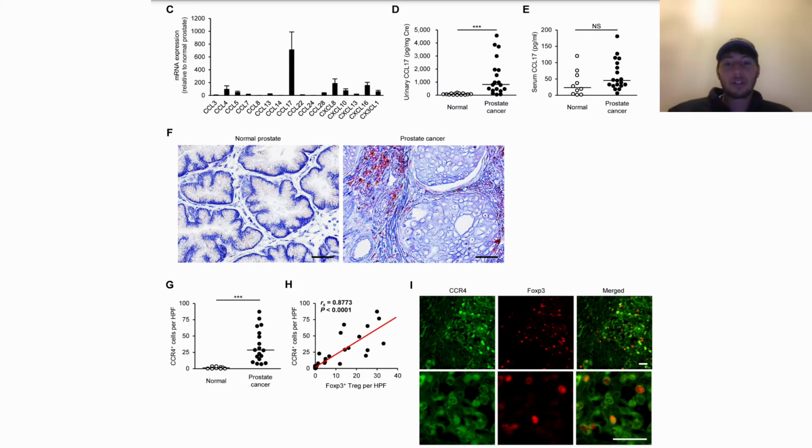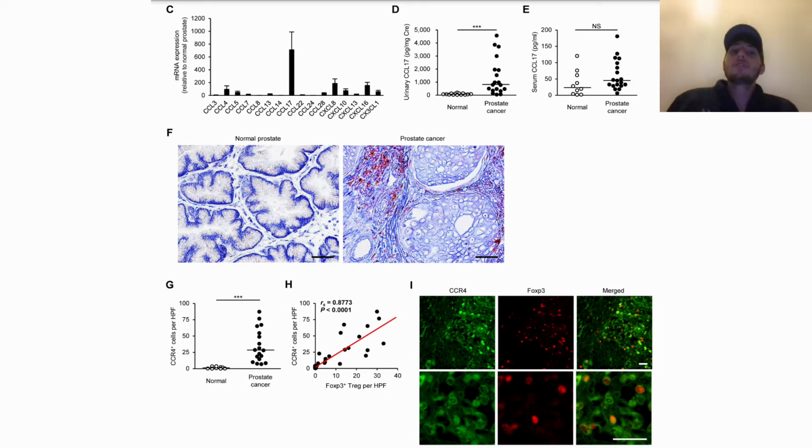As we go on with this slide, what we're getting from it is that it shows urinary CCL17 and serum CCL17. These are also genes that are upregulated in an individual that has prostate cancer. That's all this graph is showing.